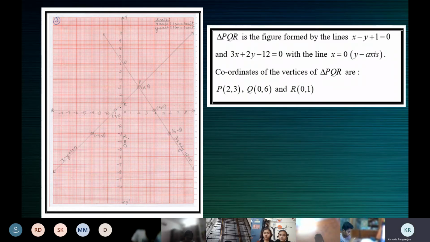I think it's Meera's. It's not passing through 1 and -1. Slightly deviated. Otherwise, it's correct. Do you agree? Yes, ma'am, I can see that the line is going through 1 and -1, slightly deviated. Maybe while joining, you plotted correctly but there might have been some mistake.